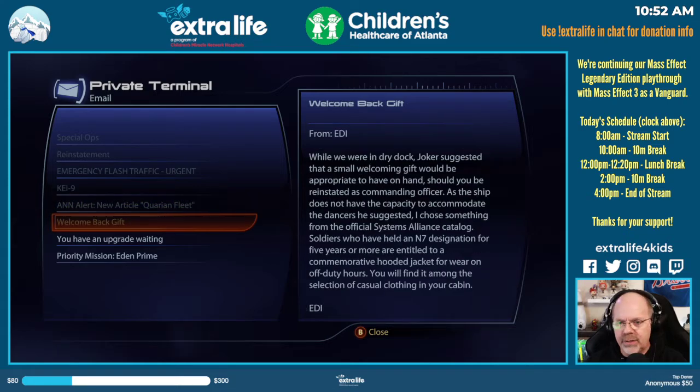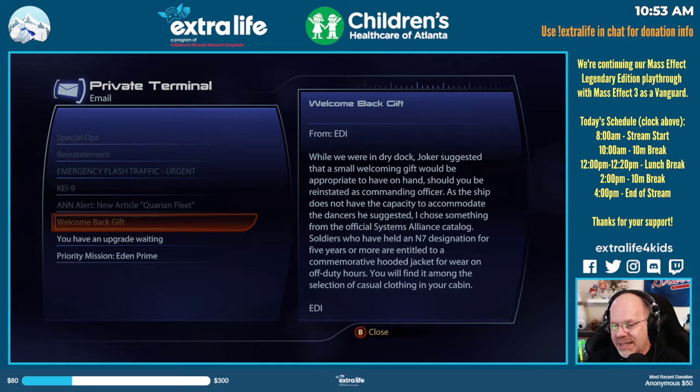Welcome back gift from EDI. While we were in dry dock, Joker suggested that a small welcoming gift would be appropriate to have on hand should you be reinstated as commanding officer. As the ship does not have the capacity to accommodate the dancers he suggested, I chose something from the official Systems Alliance catalog.